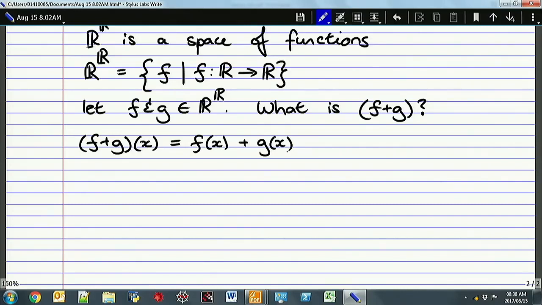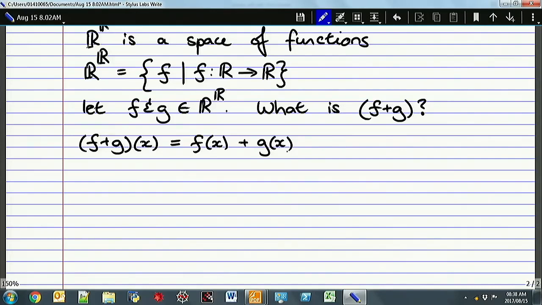So now we've got to convince ourselves that f plus g, this new object, is a function from the reals into the reals. Maybe the second part, the outputs, are pretty obvious. f of x plus g of x: f of x is a real number because f was originally in our space, and g of x must also be a real number because g was originally in our space.